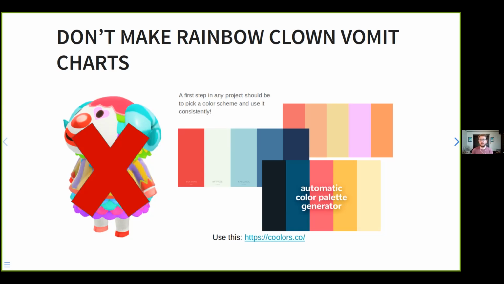One recommendation I will make to you is whenever you start a new project, one of the first things you should do is decide on a color palette. There are various tools out there for designing color palettes of colors that work well together, for maybe looking at categorical data with different categories. Maybe you want to represent some sort of relationship between those by the different shades of the colors you're using. There are definitely different ways you can get creative with your color palettes. Pick one and stick with it.